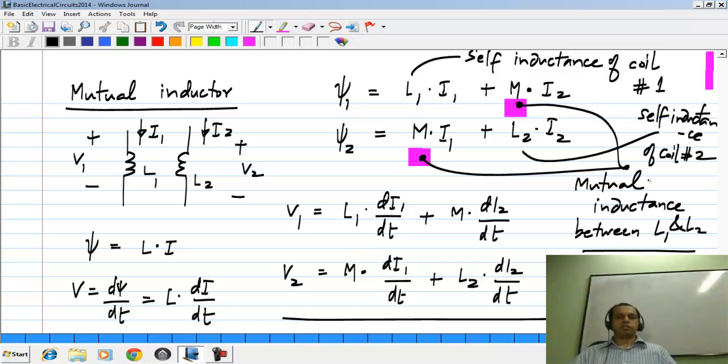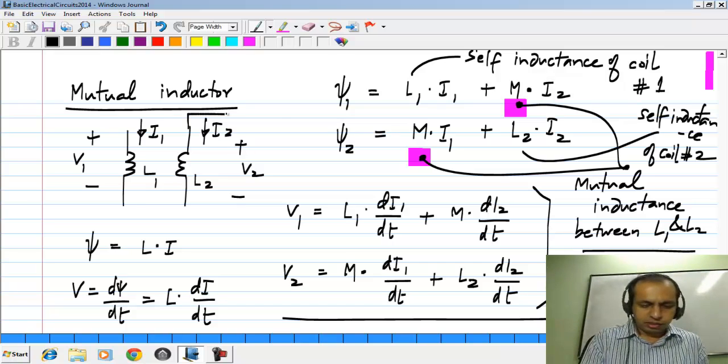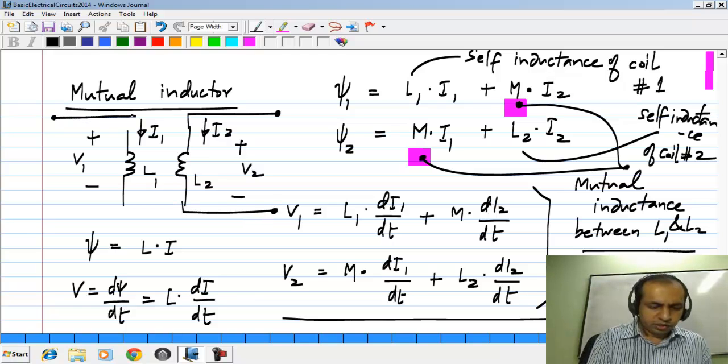The self inductance of coil 1 is the inductance it would have, which gives the relationship between voltage and current if the coil 2 was not even present. Okay. Similarly for the self inductance of the second coil, this mutual inductance appears only when you bring these two coils together, so that the magnetic field from one inductor influences the other inductor. Okay. And these are the current voltage relationships. Clearly this is not a two terminal element, there are 4 terminals, 2 for each inductor.